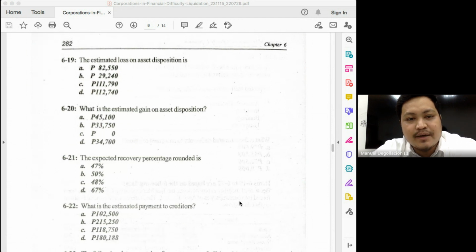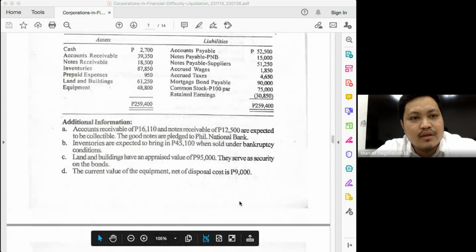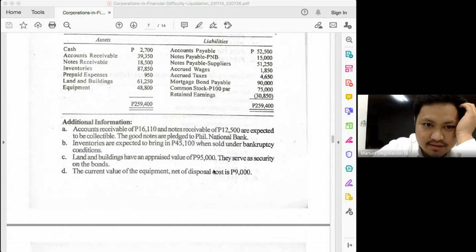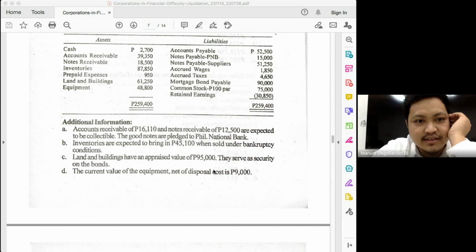Let's solve for the expected recovery rate, class. Let's start with our free assets. Okay, cash is free. Which ones are not free, class? Let's try to identify those that are not free. Only the accounts receivable and the land and building are not free assets.